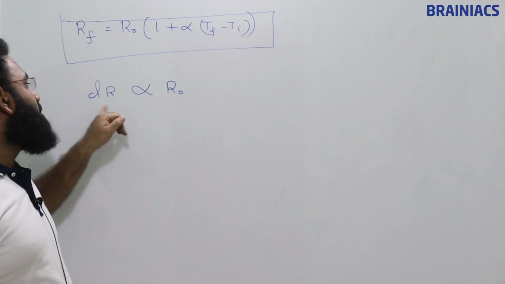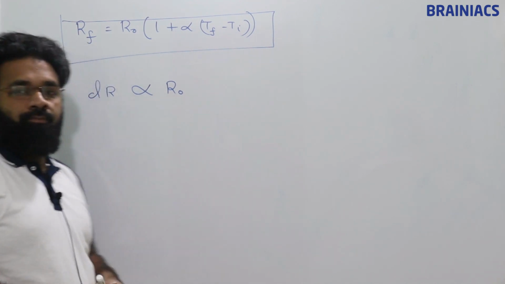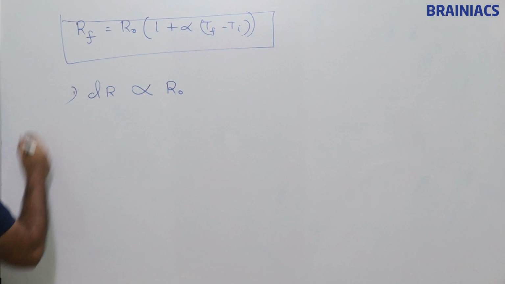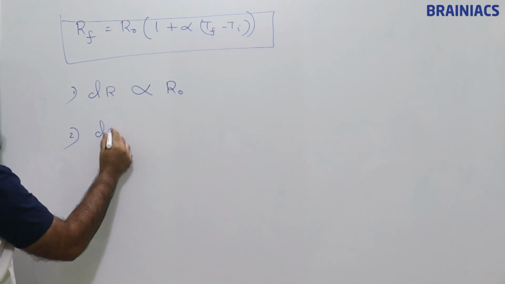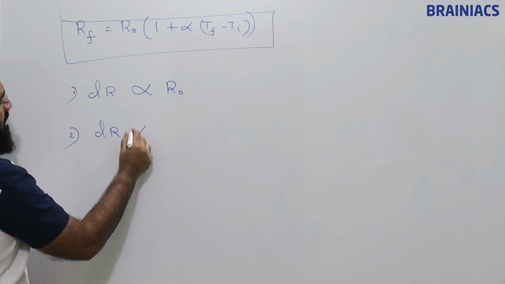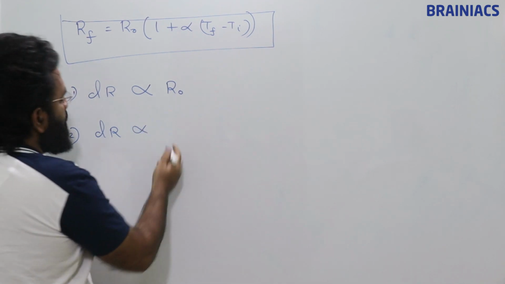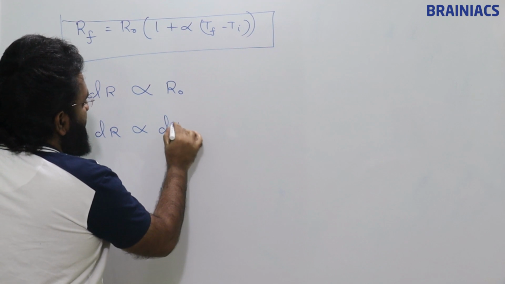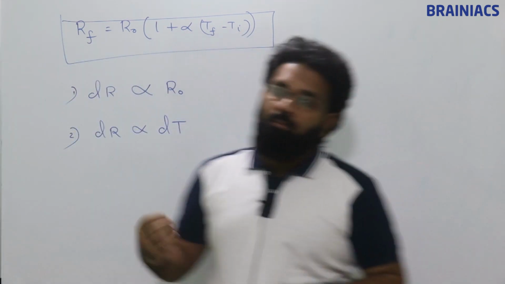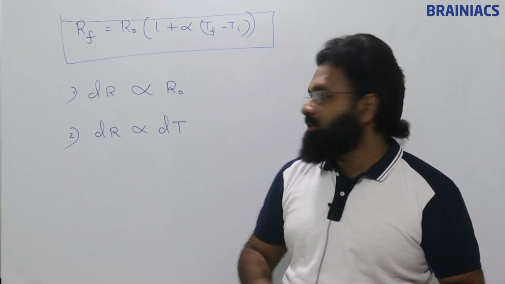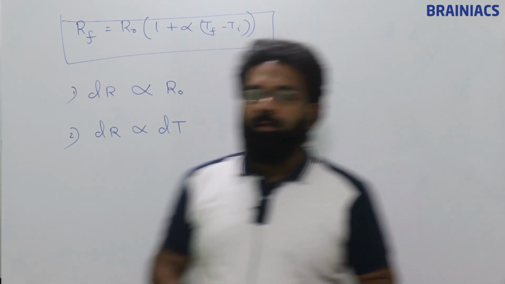If the initial value is more, the change will be more. This is number one. Another is that this change in resistance is directly proportional to the change in temperature. If the change in temperature is more, there will be more change in the resistance. So dR is proportional to dT.